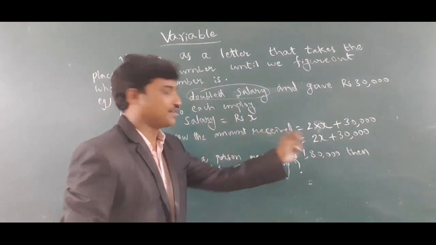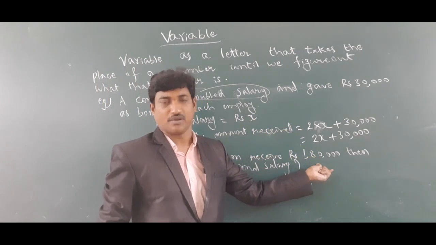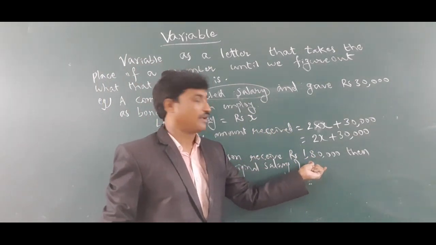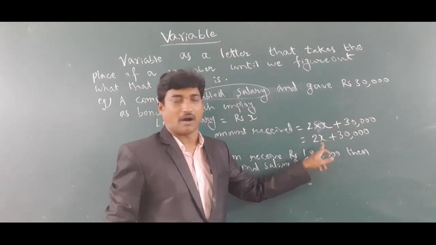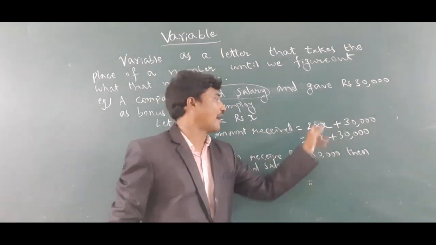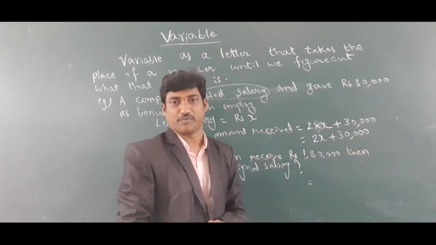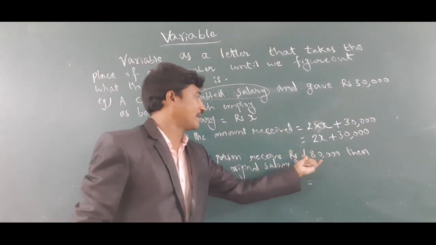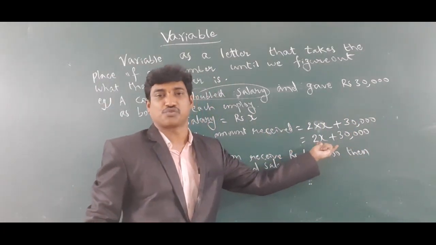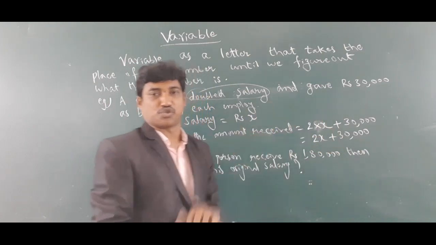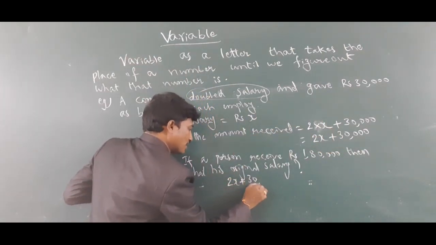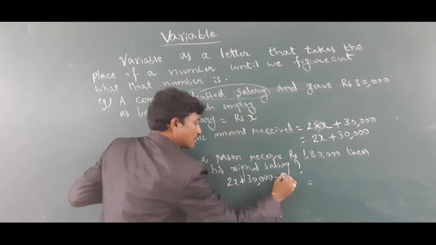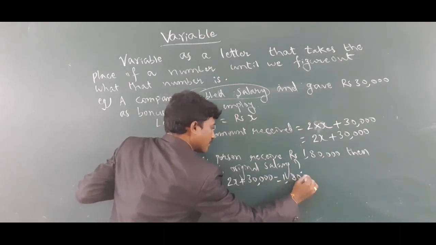Here he received 1,80,000 rupees. 1,80,000 rupees is the amount after doubling his salary and adding 30,000 rupees as a bonus. So equate 1,80,000 rupees to 2X plus 30,000. 2X plus 30,000 is equal to 1,80,000.